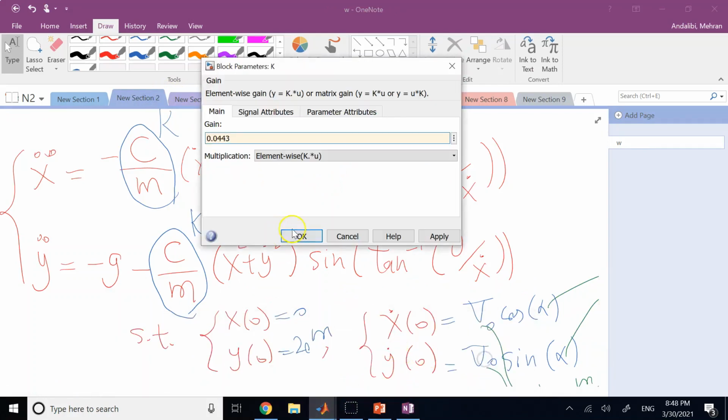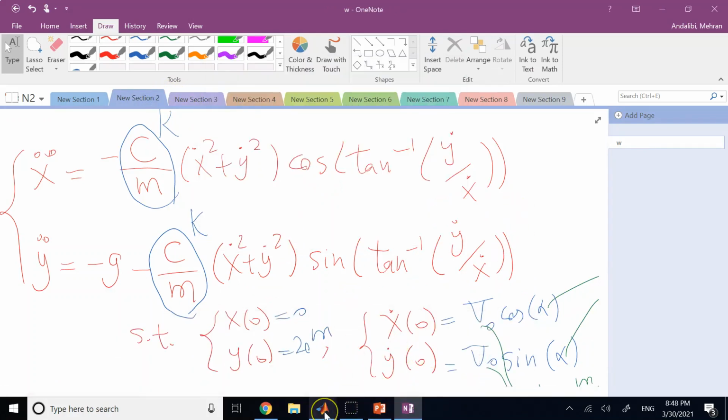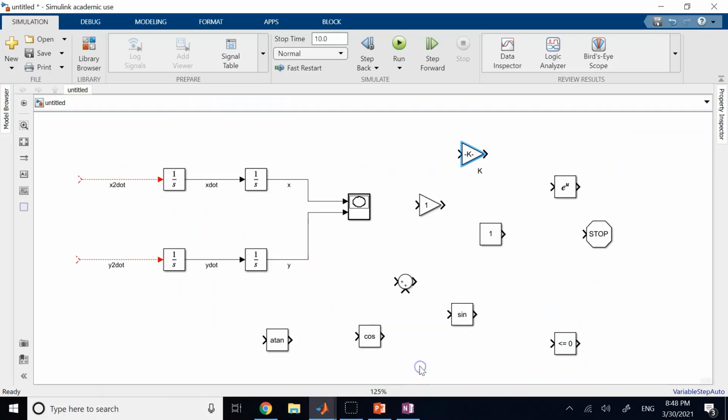Okay, so I got gain k, and my y double dot is two numbers, both negative. So here I need two negative numbers.